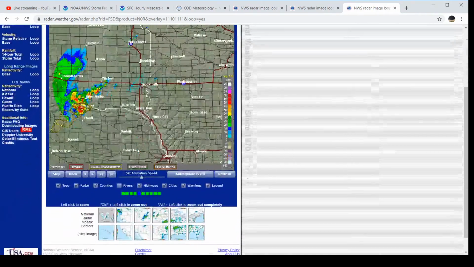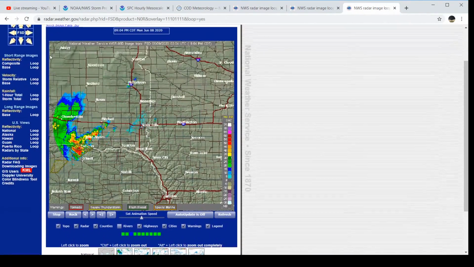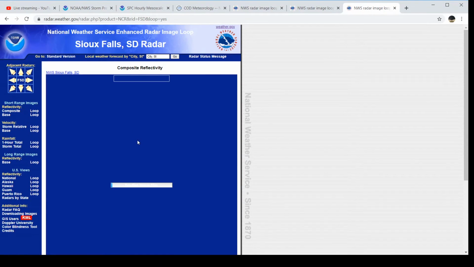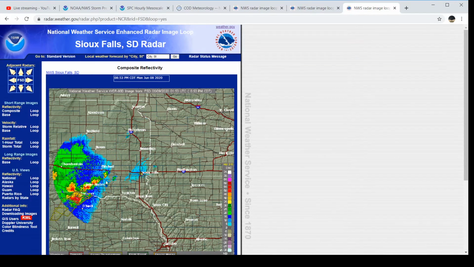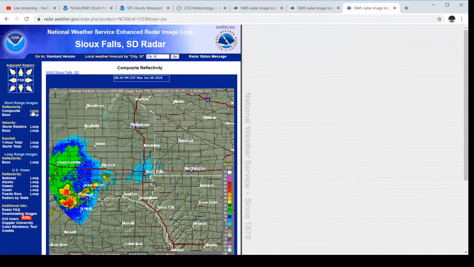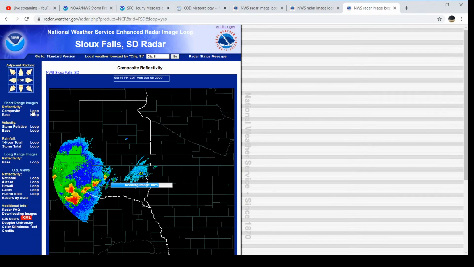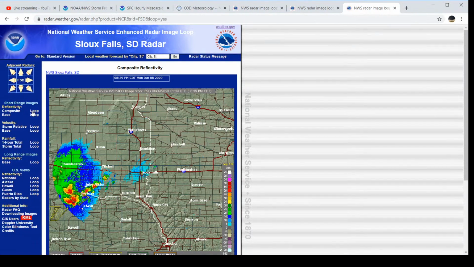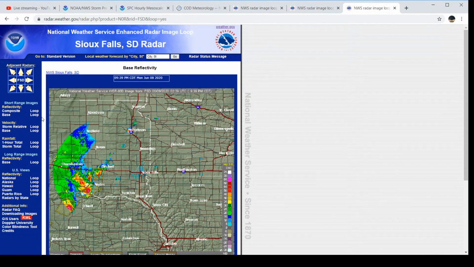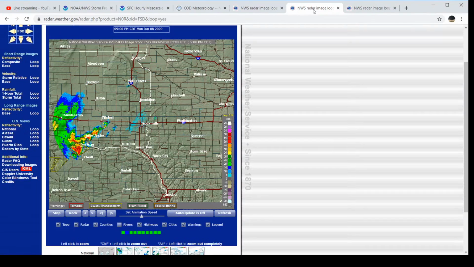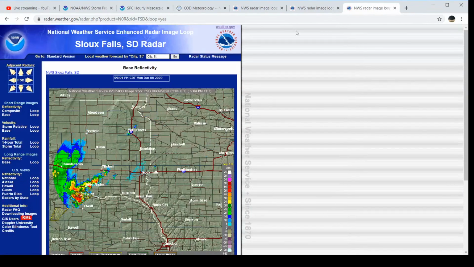Oh my gosh, are you kidding me? Oh well. So, general rule of thumb, if you're in the polygon, please take shelter, get away from windows and stuff like that. Get to the center of your house.